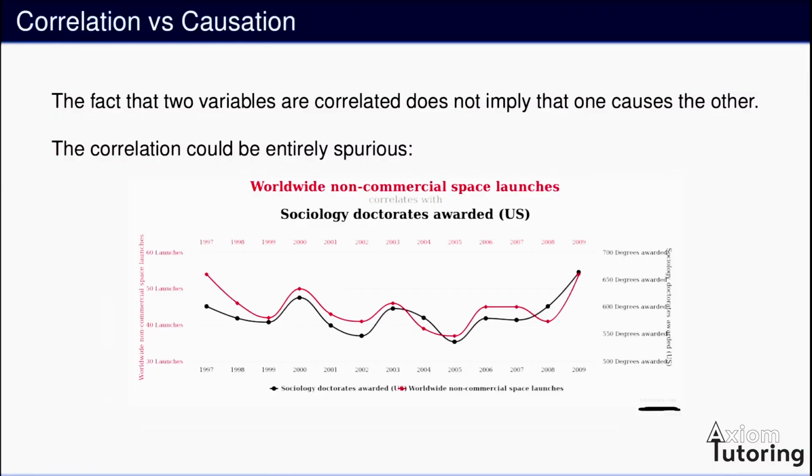the US. And as we can see, this goes from 1997 to 2009, we can see that when the number of non-commercial space launches goes down, the same is true for sociology doctorates awarded. And when it goes up, then you see the same pattern for sociology doctorates awarded.